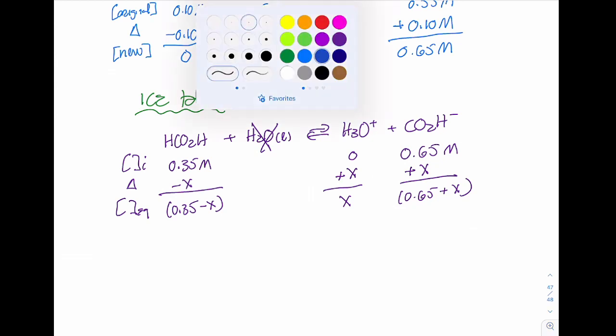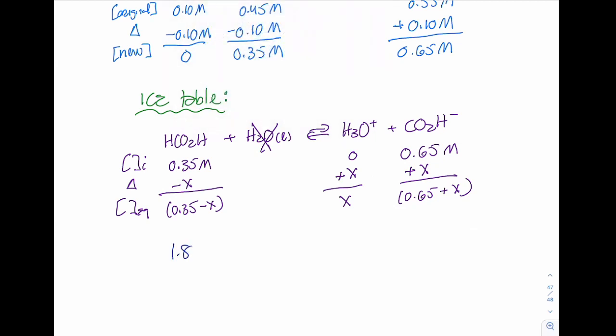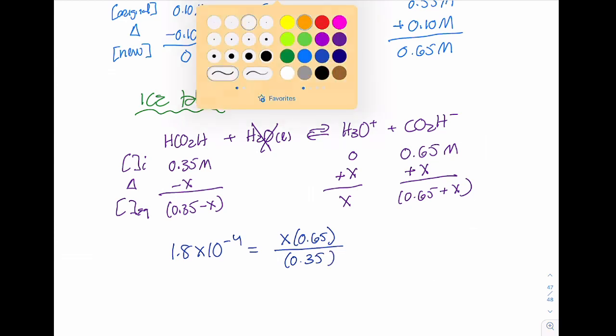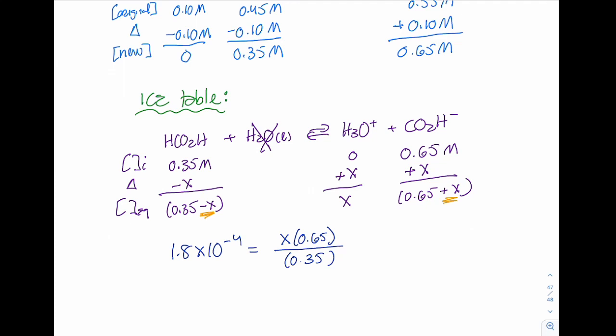So solving for X, 1.8 times 10 to the negative fourth, my Ka, multiplied by the concentration of hydronium ions, multiplied by the concentration of formate ions, divided by the concentration of formic acid, right? Again, we're ignoring these because Ka is small.